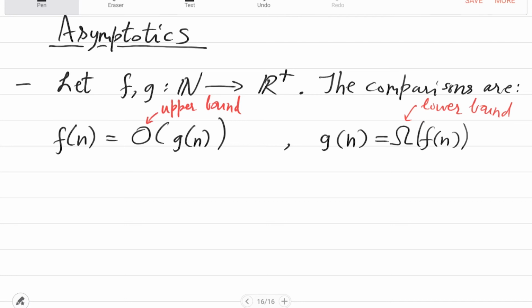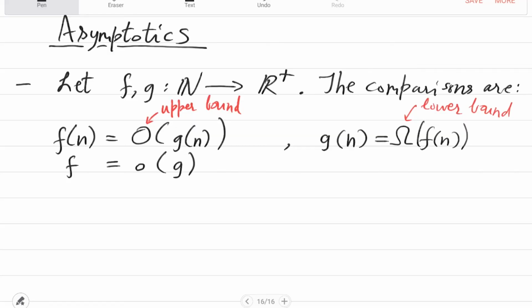And then you may want to make it stricter. So you can say that f is equal to small o of g. What is the meaning of that? Now if you look at the ratio f by g, it actually tends to 0. Think of f as square root g. Whatever is g, f is significantly smaller than that.